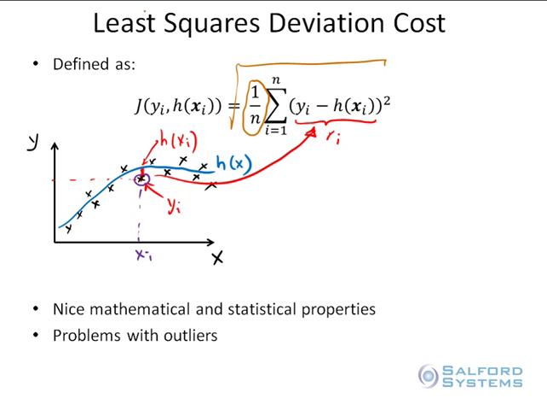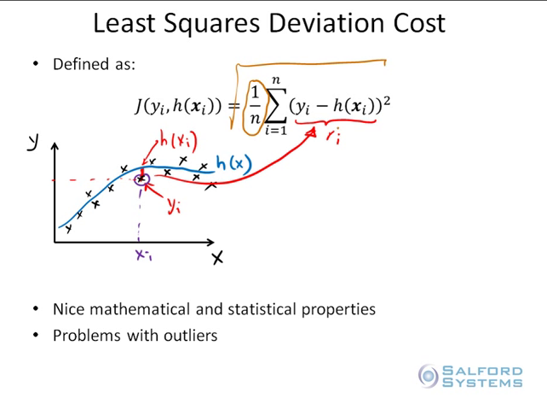Least squares deviation cost sometimes is also known as mean squared error. There are conceivably other ways to call it, but the point is that it is always a squared residual that enters into the mathematical definition of the cost function.